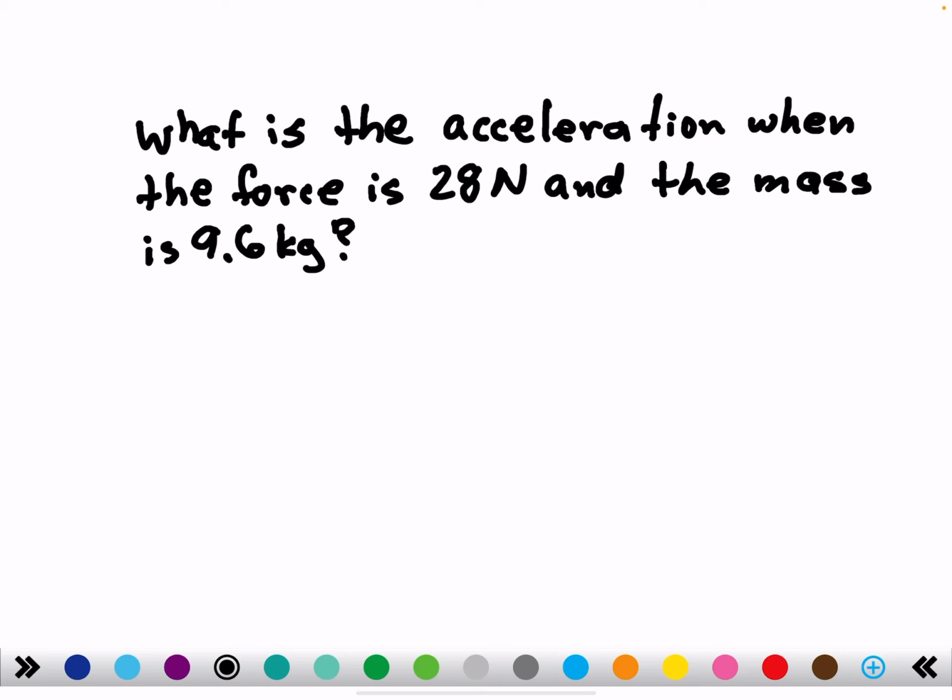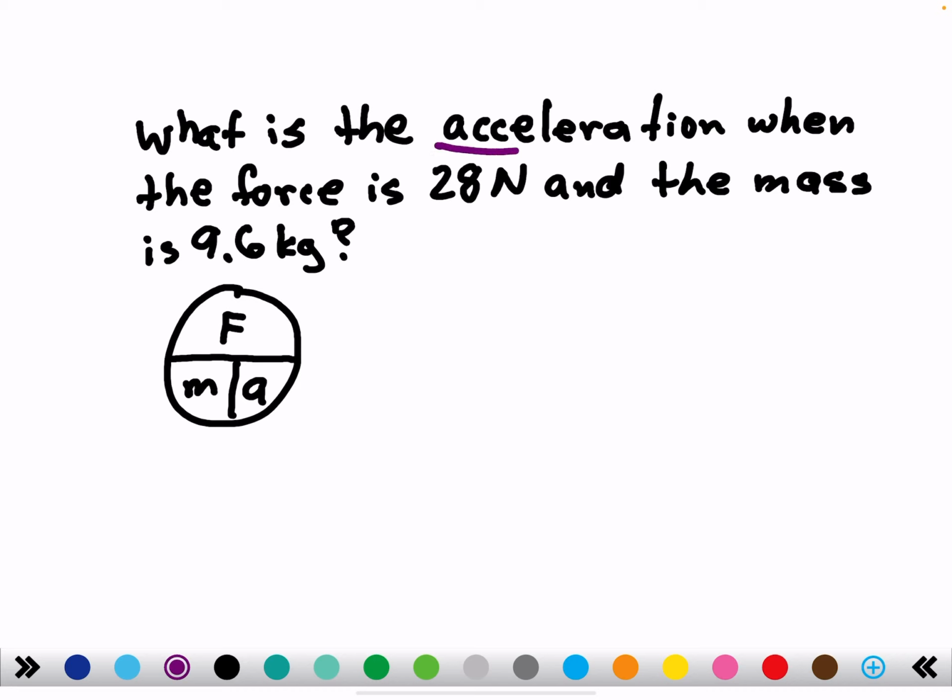What is the acceleration when the force is 28 newtons and the mass is 9.8 kilograms? Well, first we go to our formula circle. F equals ma.